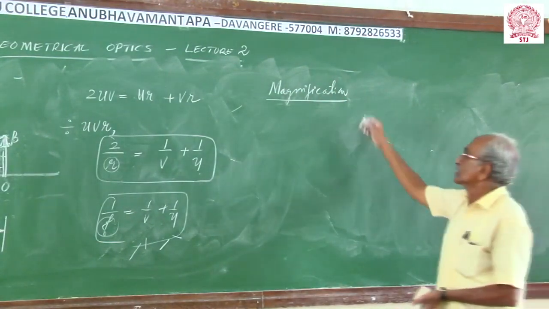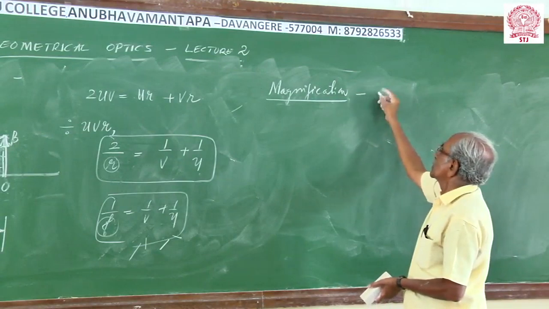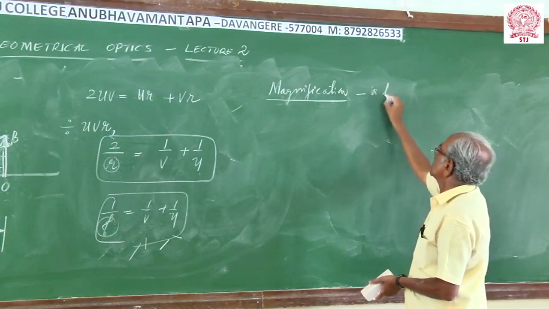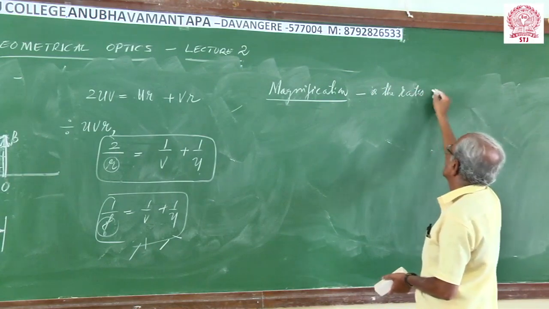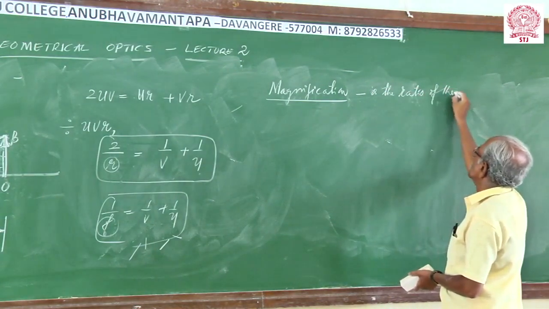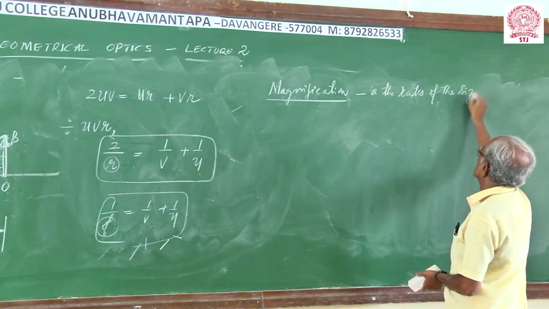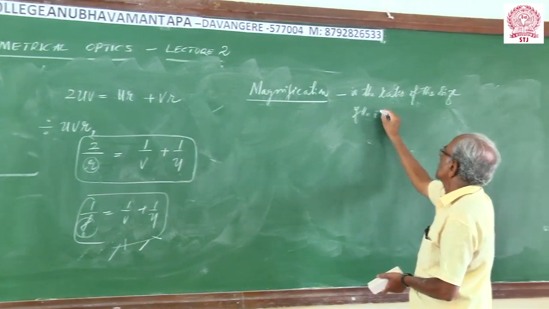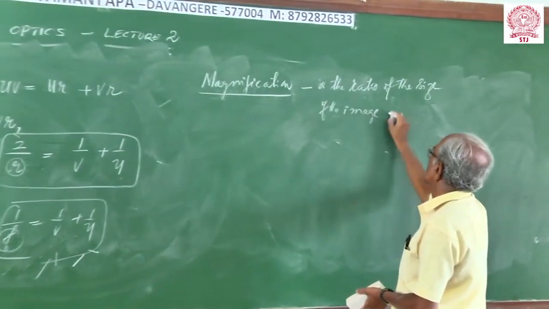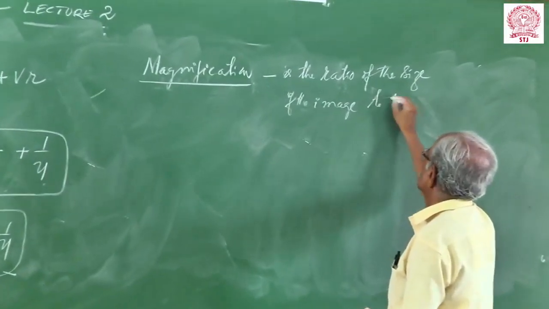Magnification is defined as the ratio of the size of the image to the size of the object.